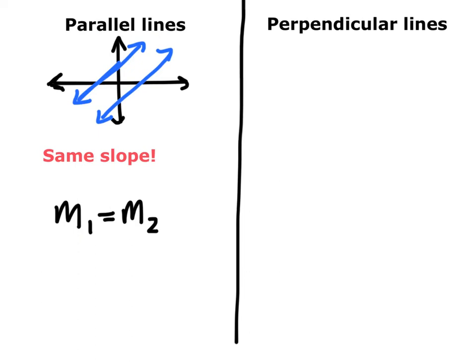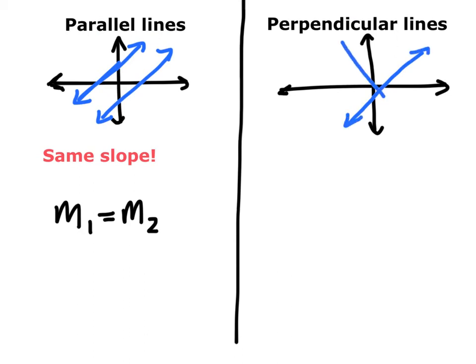And perpendicular lines are a little different. So let's just draw an example of some perpendicular lines. Perpendicular lines intersect at a 90 degree angle. Now the slopes of perpendicular lines are opposite reciprocals. So what does opposite reciprocals mean?